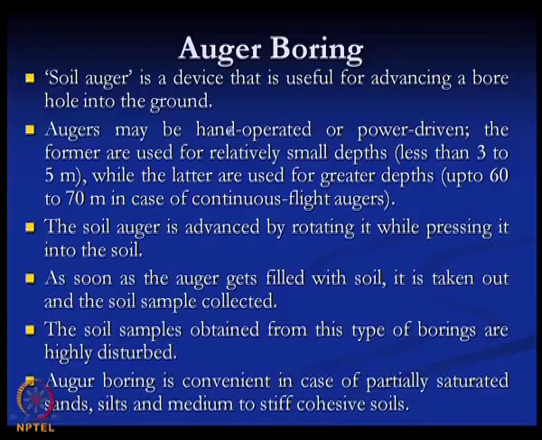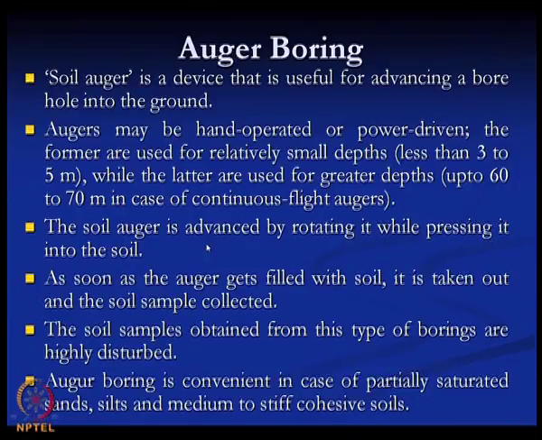Now, augers may be hand operated or power driven. The hand operated augers are used for relatively small depths, less than 3 to 5 meters, whereas the power driven are used for greater depths up to 60 to 70 meters in the case of continuous flight augers. The soil auger is advanced by rotating it while pressing it into the soil.